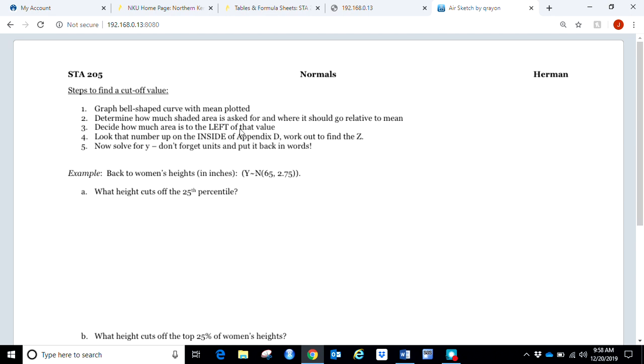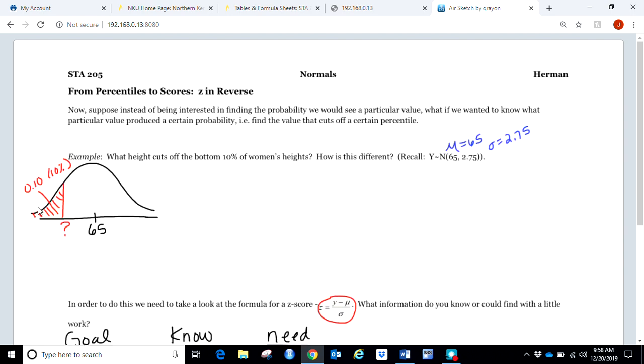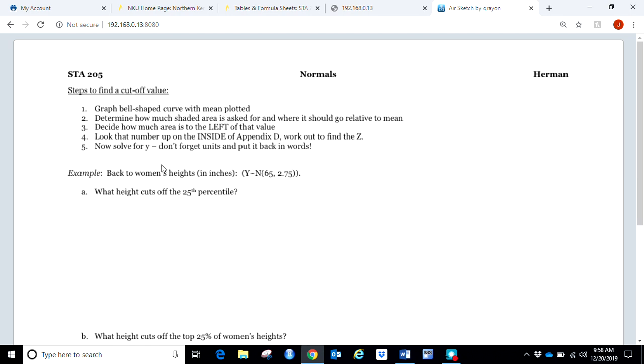Then I want to figure out how much shaded area is asked for and where it should go relative to the mean. I've done that already. We decided that 10% would have to be below 65 since this would be 50%. And so we shaded that. Now why did I shade left? Right, it's the bottom 10%. So we've really already done the first two steps in this process.